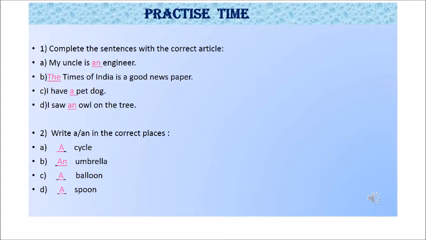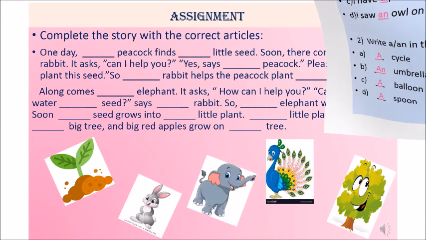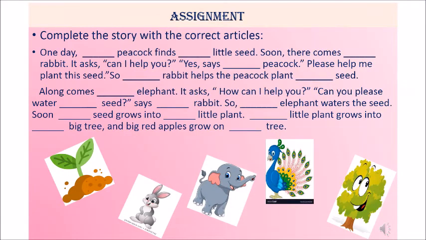So children, this was the practice sheet where I have told you all the answers, but in my next slide I am going to give you an assignment sheet which you will be required to do on your own. So here is an interesting assignment for you, children. As now you have learnt about articles, a and the.